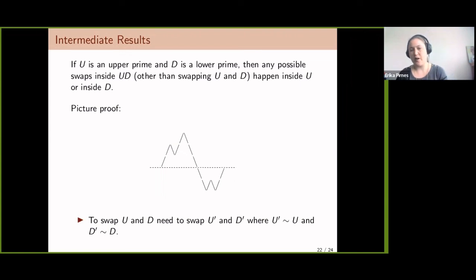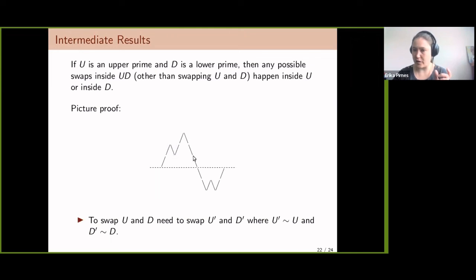Okay, so basically, what is our conclusion? In order to be able to swap U and D, I need to swap some U prime and D prime, where U prime is equivalent to U and D prime is equivalent to D. So if I want to switch these two, I either have to switch these, or I could first change this first word.